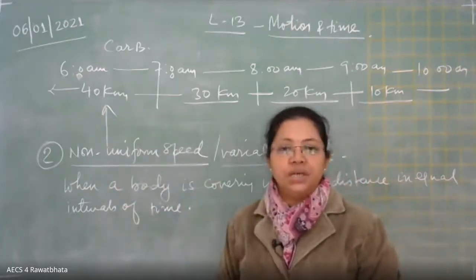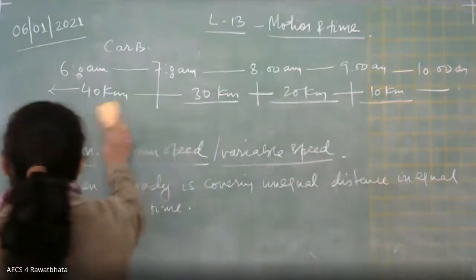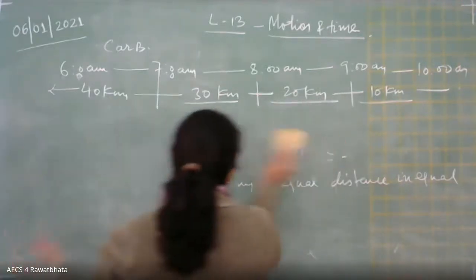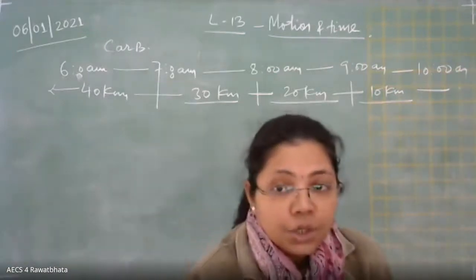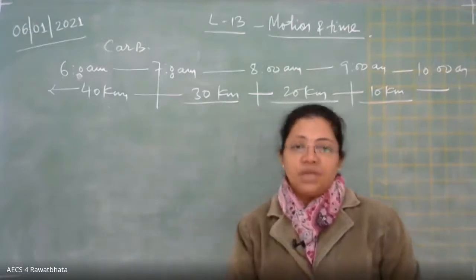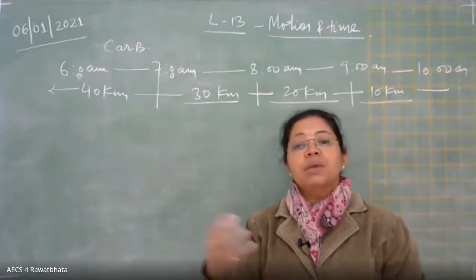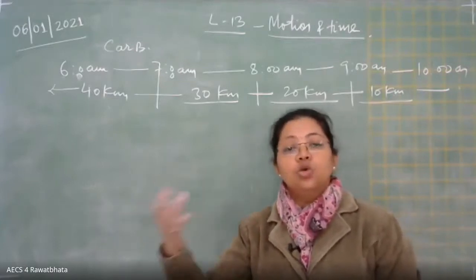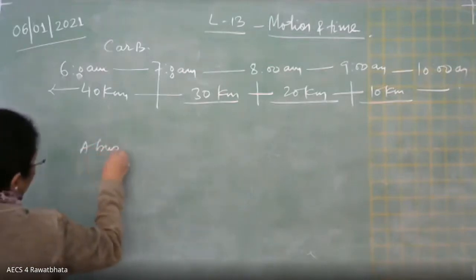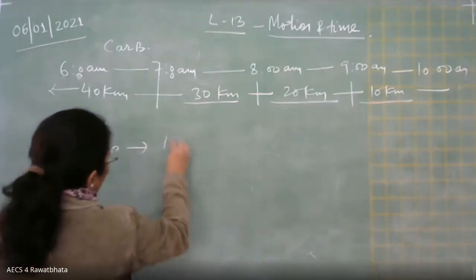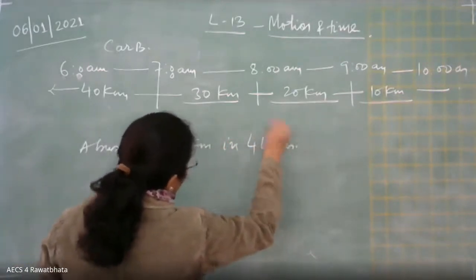Another point to be noted here is that in your examination you will be given questions for calculating speed. Questions can be given in two ways. First, the question may be reflecting uniform speed. For example, a bus is covering 100 kilometers in 4 hours.